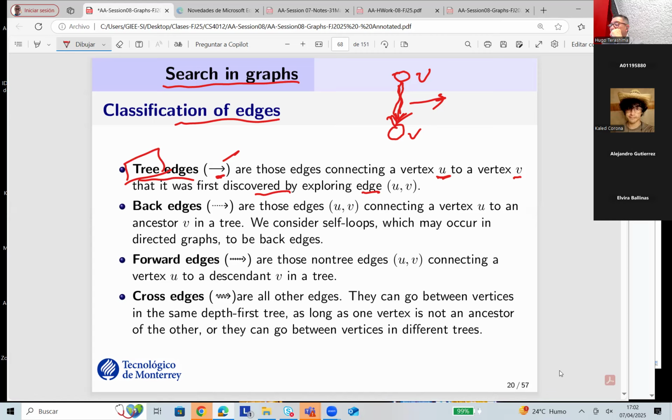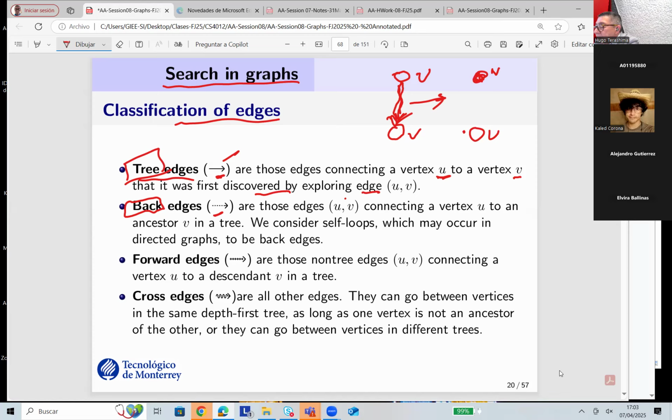And then the other kind of edge that I can find in the search is a back edge, with a dotted arrow. Those are edges U and B, connecting a vertex U to an ancestor B, something that I had visited before.